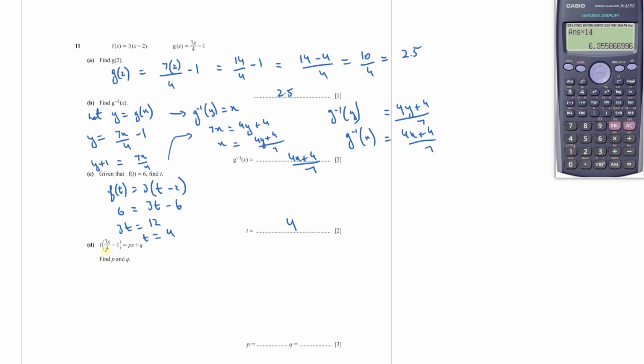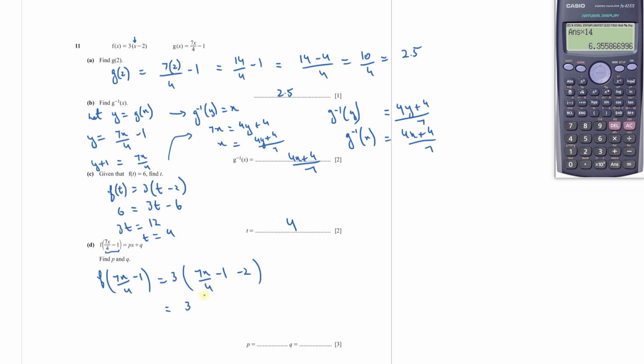Part D is f of 7x over 4 minus 1 equals px plus q. Find p and q. So we are given f of x is this. So to find f of 7x over 4 minus 1, I'll substitute this value here instead of x. So f of 7x over 4 minus 1 equals, let's substitute the value here, 3 into 7x over 4 minus 1 and then minus 2.